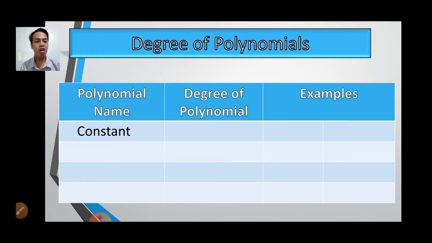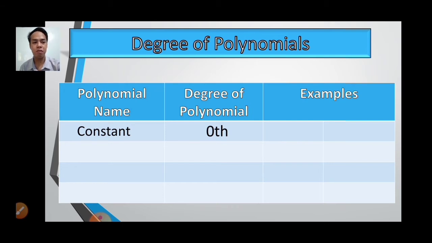The degree of polynomial is at 0 degree. Zero degree, meaning there is no variable in the given expression. The constant term is only a whole number, a positive or a negative number.